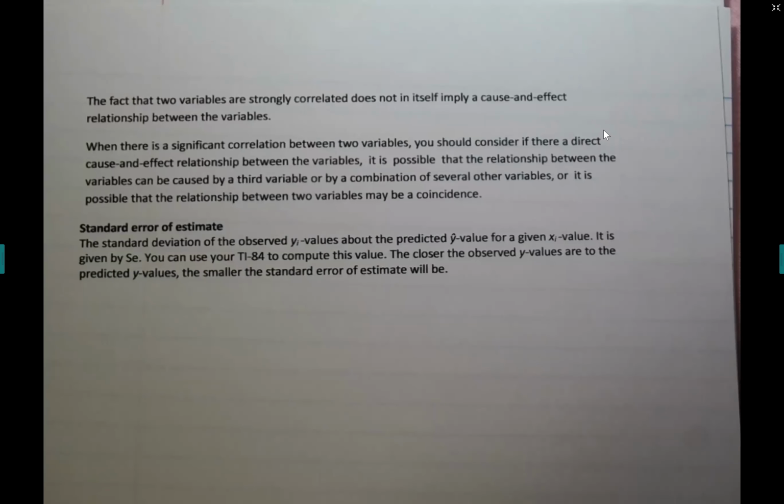But you need to know that correlation does not mean causation, meaning if there is a relationship between smoking cigarettes and lung cancer, it doesn't mean that if someone smokes cigarettes, he or she is going to get lung cancer. So correlation doesn't mean causation, and you just need to understand the difference between the two things.